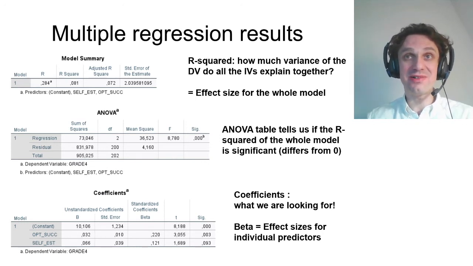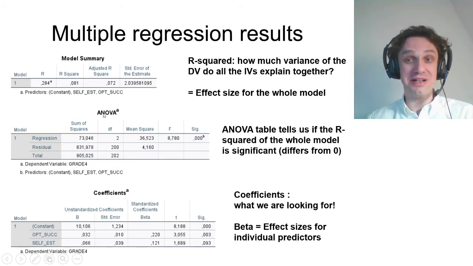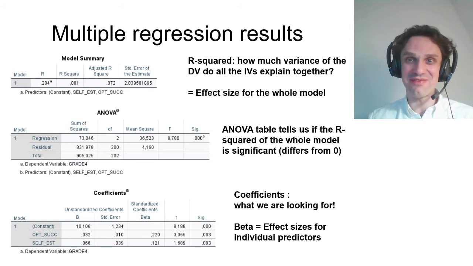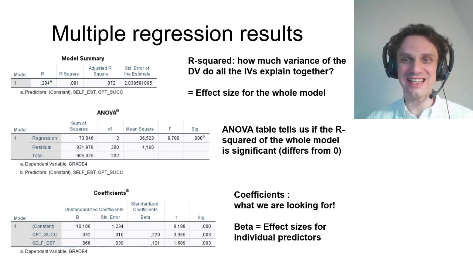Then the second table, which is given to us by SPSS, is called ANOVA table. A bit misleadingly, because, oh, we are running regression, why is the table called ANOVA? Well, because regression is based on the same Fisher's statistic. So essentially, regression and ANOVA are like two parts of the same general linear model, that are very closely interconnected.